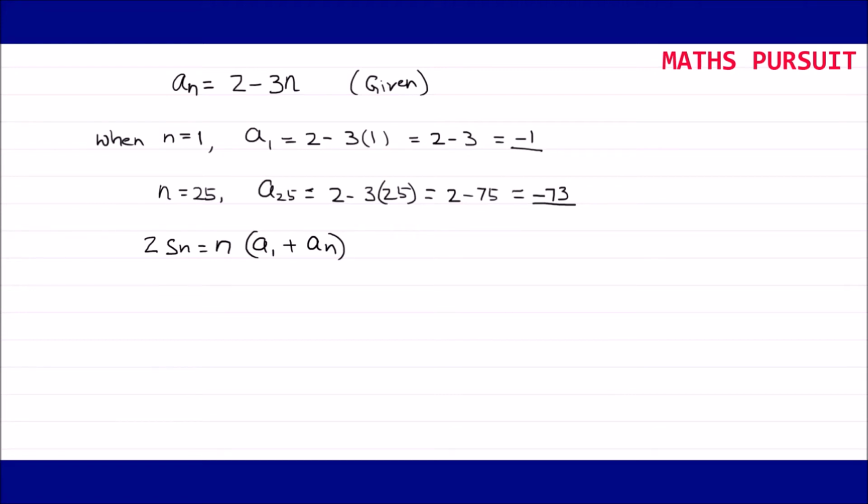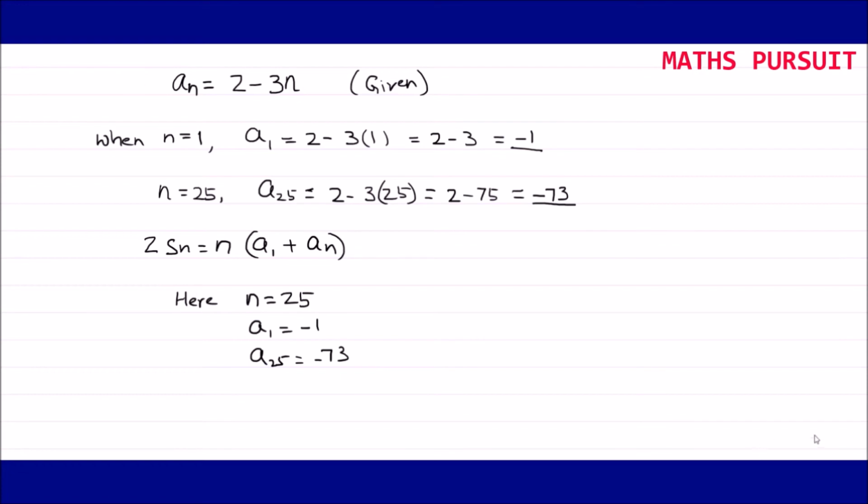Here our intention is to find the sum of the first 25 terms, so the value of n is 25. In context to our question, n = 25, a1 = -1, a25 = -73.